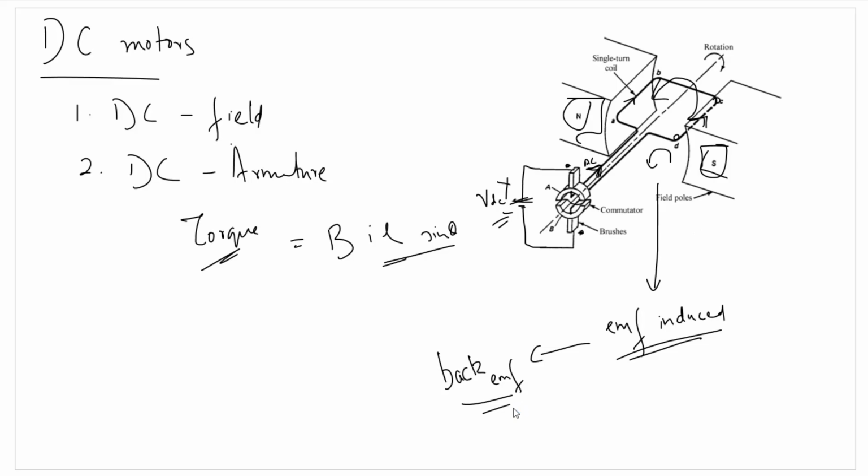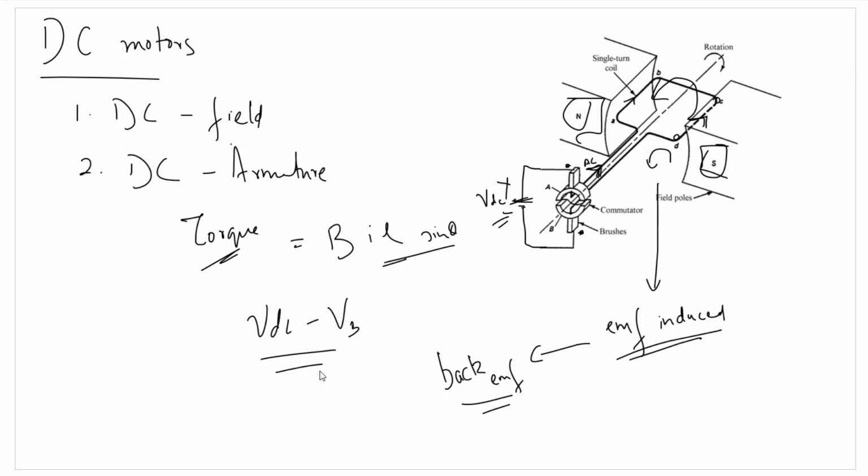Because an EMF is also induced in these conductors, this back EMF will oppose the DC voltage that's being applied to the armature. So, the net voltage that will be available across the armature will be VDC minus V back EMF. There are other types of losses also that we'll be studying later on. Right now we need to understand how a back EMF is produced.